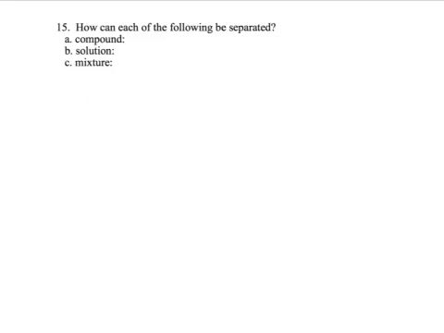A solution, because a solution is simply a homogeneous mixture, you can separate through physical processes. An example, if you had a saltwater solution, you could separate the salt and water by boiling. So a physical change, a change in state like boiling, could separate them.